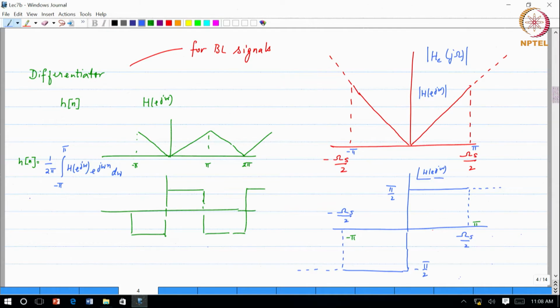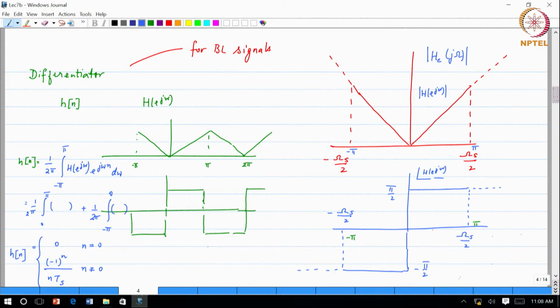So, you would have to split it as two integrals, 1 over 2 pi from 0 to pi of something plus 1 over 2 pi from minus pi to 0, okay, please verify, and you should get this to be equal to 0 if n equals 0, and equal to minus 1 power n by n times Ts if n is not equal to 0. This is the expression for h of n.